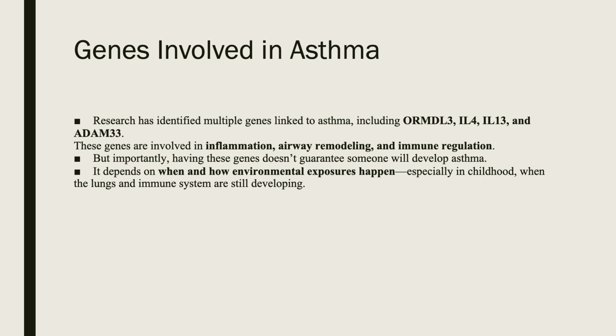But importantly, having these genes doesn't guarantee that an individual will develop asthma or not. It depends on when and how environmental exposures happen, more so in childhood, when the lungs and immune system are still developing.